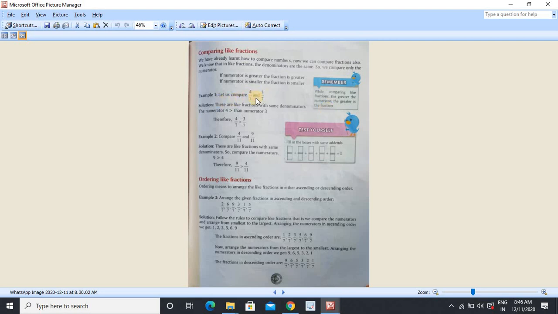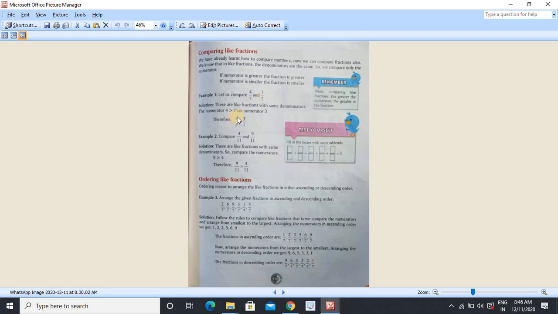Now let us compare 4 by 7 and 3 by 7. As you can see clearly, 4 by 7 and 3 by 7 are like fractions because they both have same denominators. So for comparing these fractions, we have to compare their numerators. So as you can see, numerator 4 is greater than numerator 3.